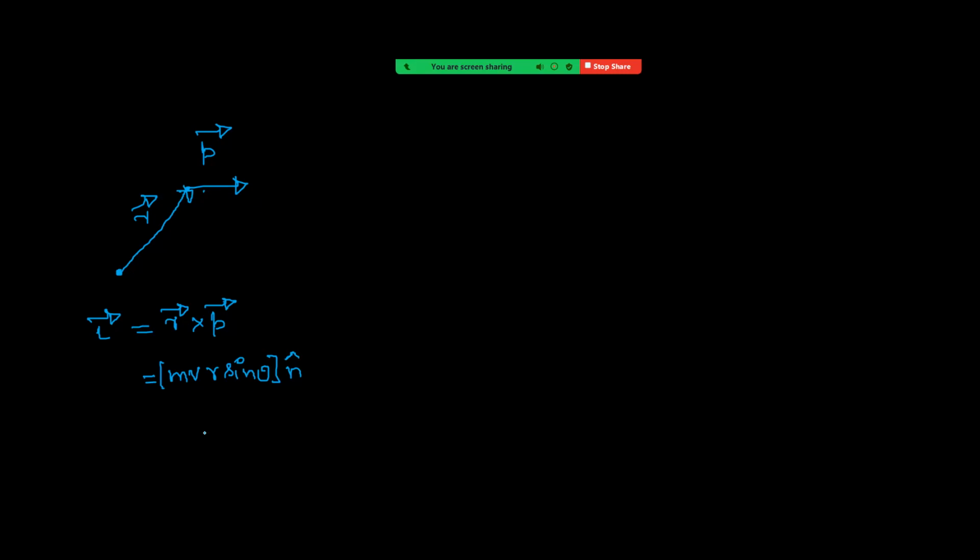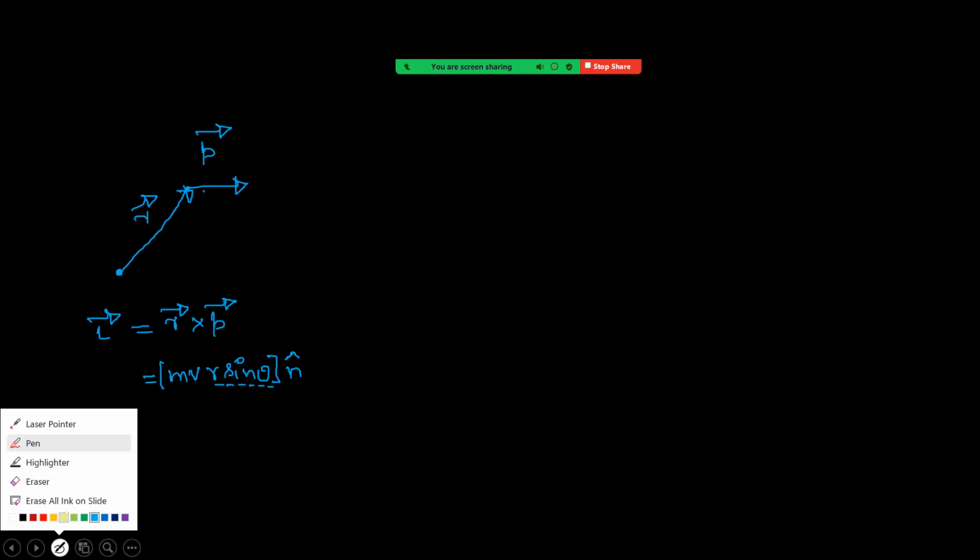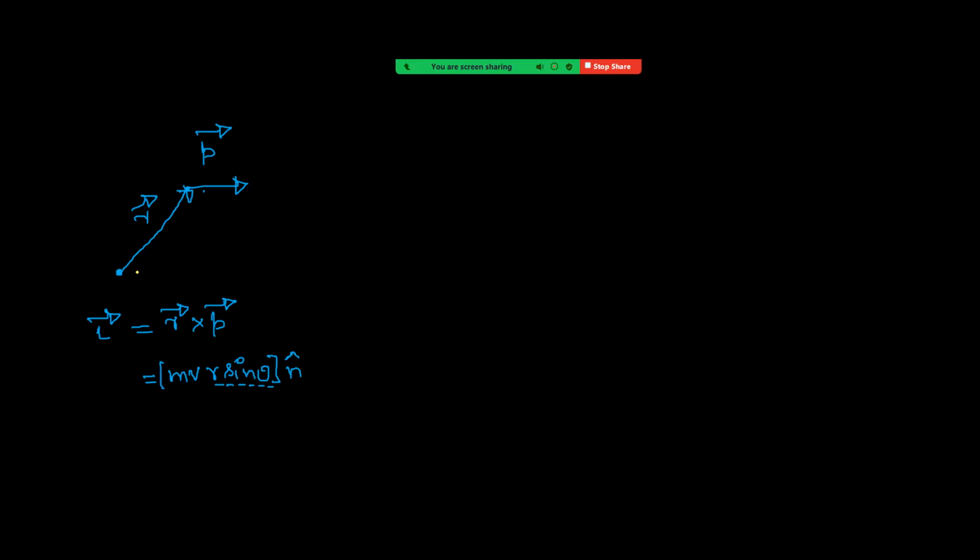Okay. And you can see here one more thing, that is r sine theta, which is known as perpendicular distance. See how to get it? Just imagine one line passing through the point about which we are calculating angular momentum.